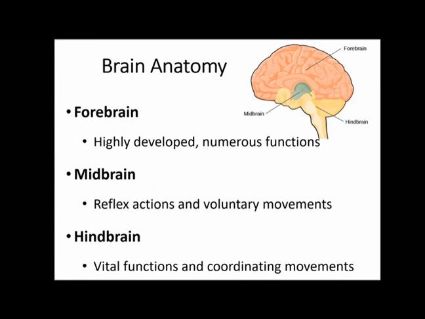This is part of what makes humans special, that we have really highly developed forebrains with lots of folds, lots of crevices, which give us lots of surface area for all of these connective functions that we can have. So the fact that we have such a highly developed forebrain is part of why we think people are so smart.